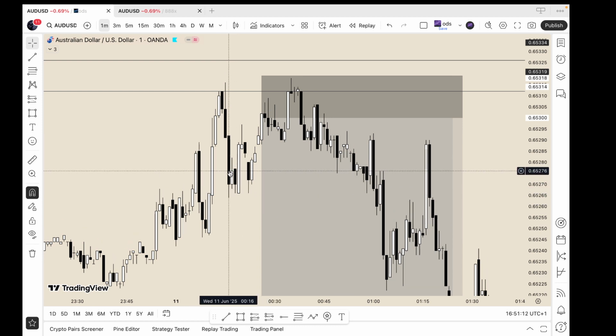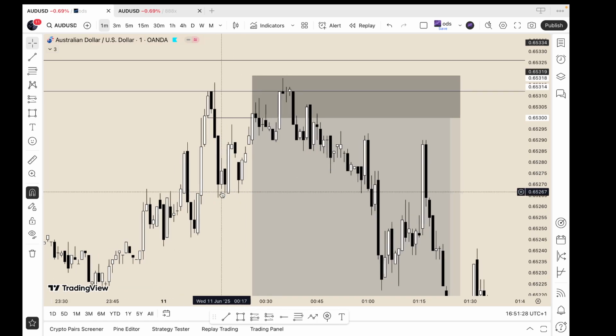So I would not have been wanting to look for shorts off of the highest body closing bullish candle before the potential. So at this point in the leg, there is no potential for me to short off of this candle, right? Because we have not had any imbalance closure.